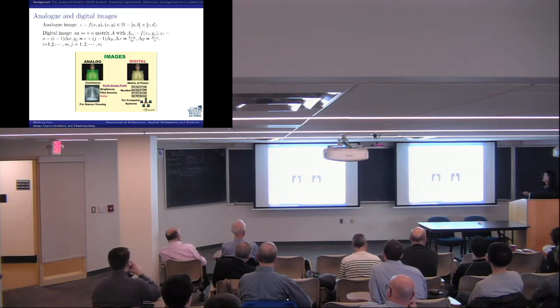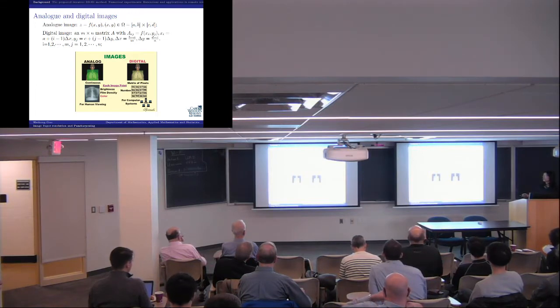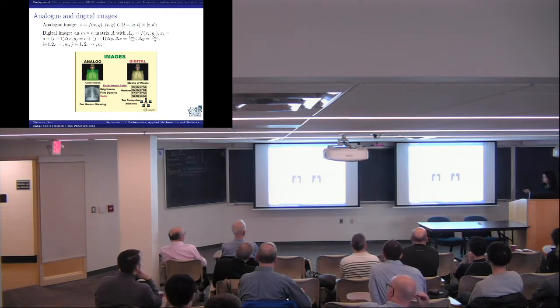The relation between them is that the analog image is a function. If it's a two-dimensional image, you have z equal to f of x, y, where x, y is in some domain. Usually, images are defined on a rectangular domain. And the digital image would be just some discrete values of this analog function at some discrete locations.